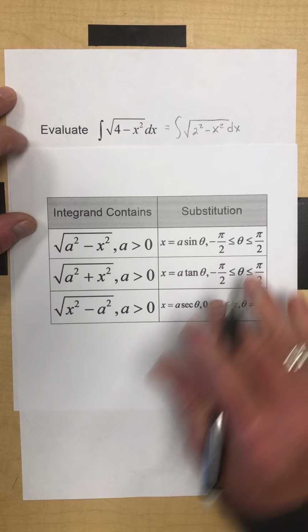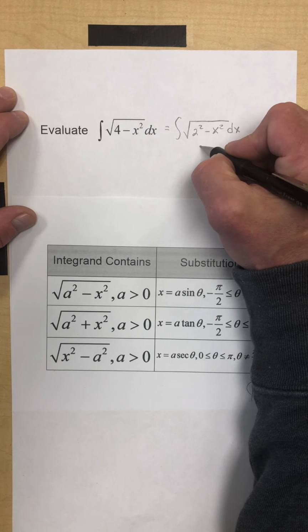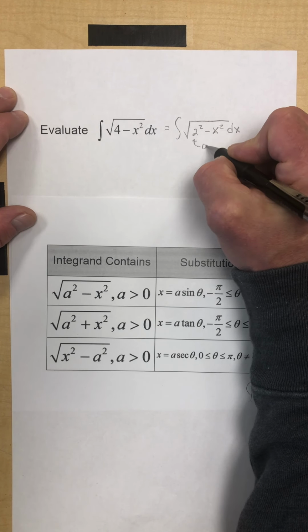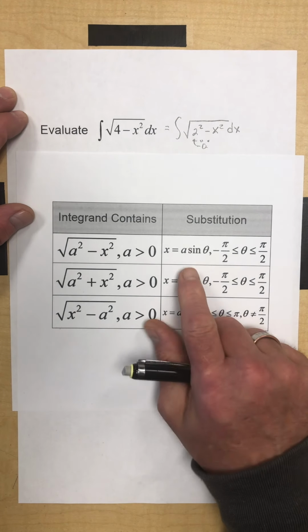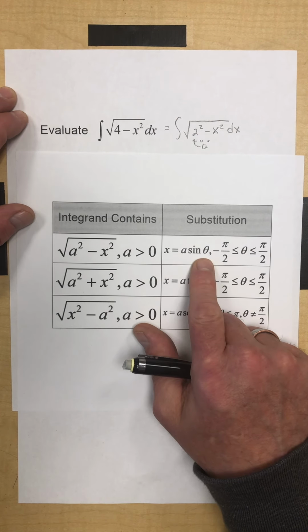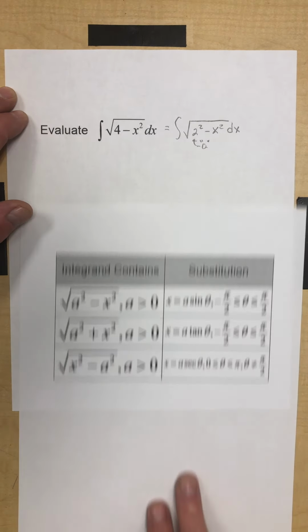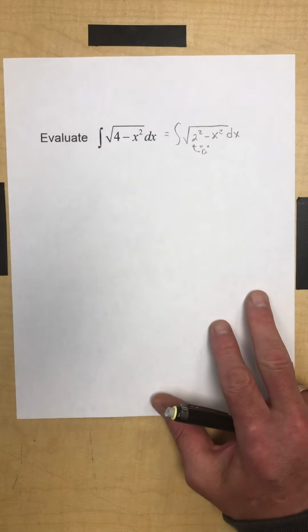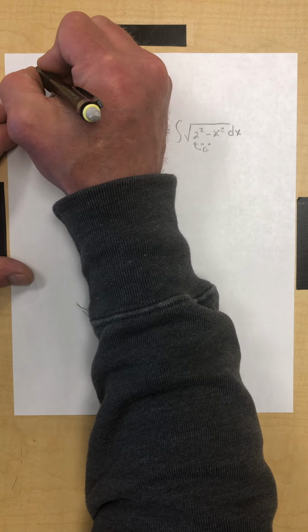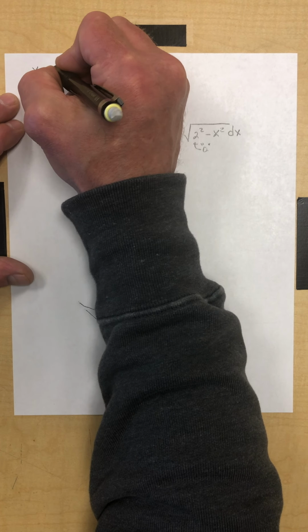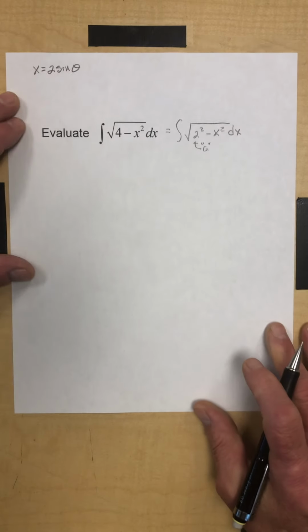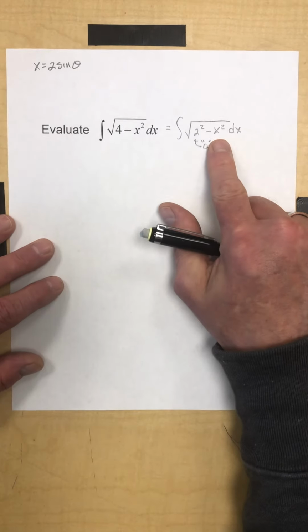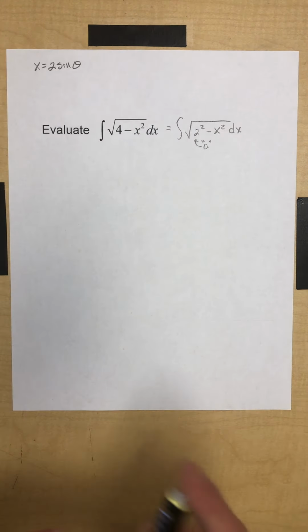Notice that my a here would be 2. And so I'm going to have to substitute in a sine of theta, so that's going to be 2 sine of theta. So my x equals 2 sine of theta. All right, so that goes in here, but I've got to deal with the dx.